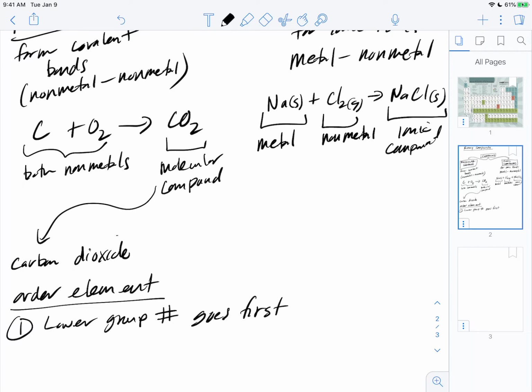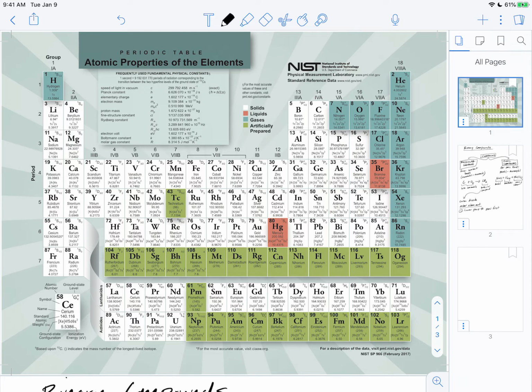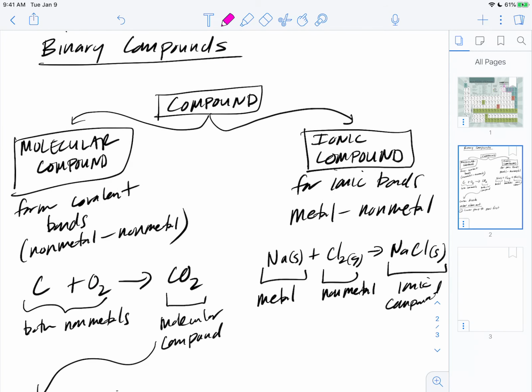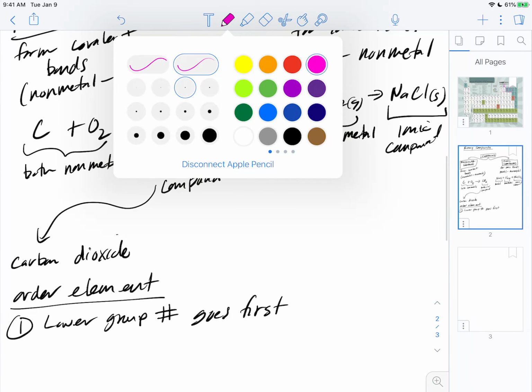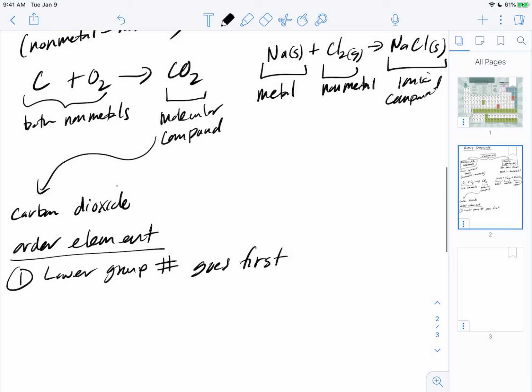So carbon, if we look at the periodic table, here's oxygen, so carbon has a lower group number. It is farther over to the left, so it's going to go first. So lower group number, and we can have molecules that are in the same group. If that's the case, then the higher atomic number goes first.